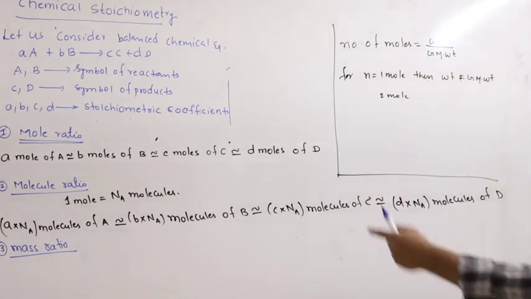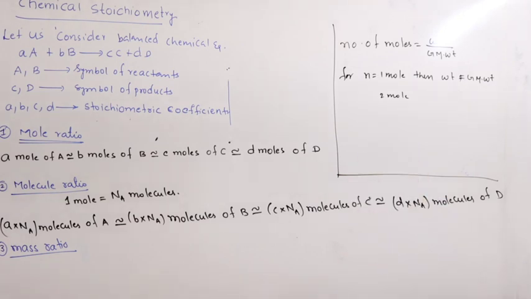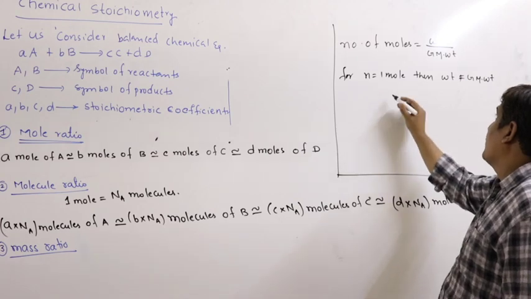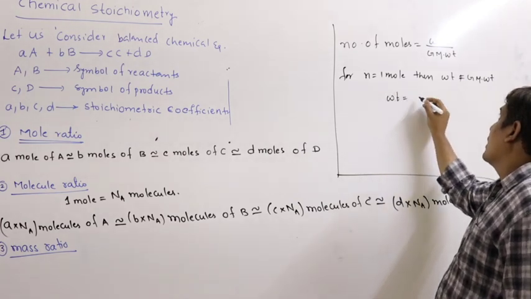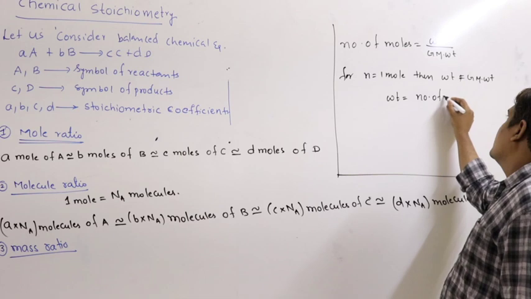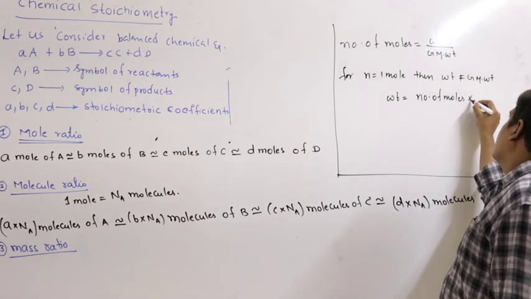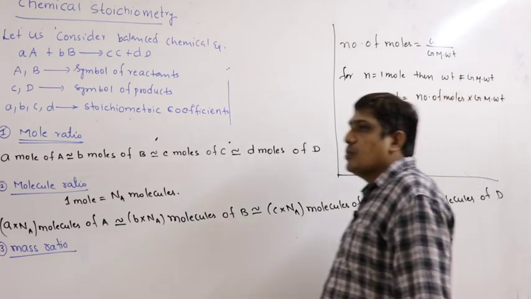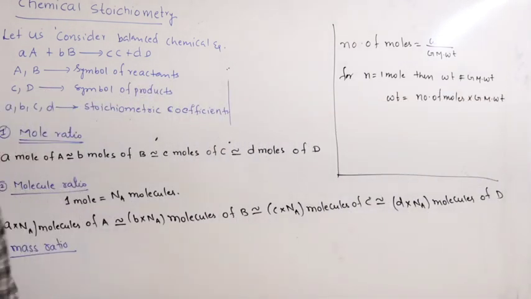So what we require here is we have to convert moles into mass. So weight equals number of moles into its gram molecular weight. Let the molecular weight of A be capital MA.